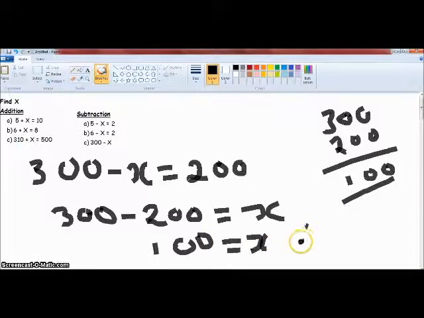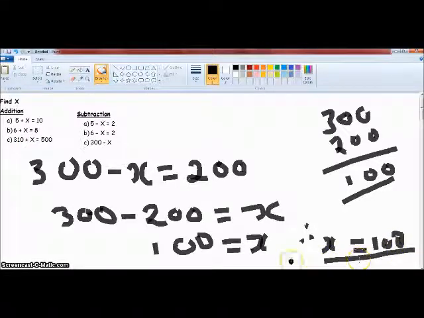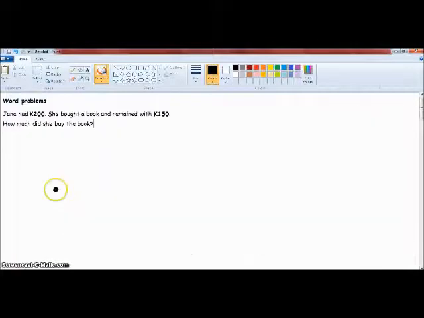Therefore, x equals 100. Okay. Now let us look at a word problem. A word problem is basically what we are doing right now, but it is expressed in the form of a sentence. So let's look at an example of that.